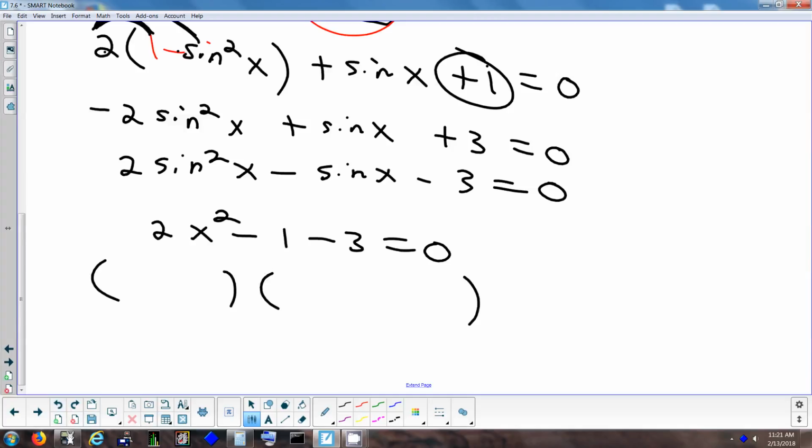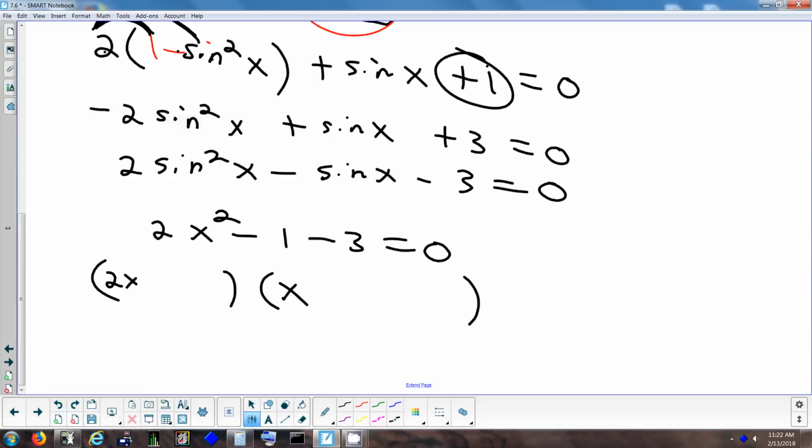One would be 2x, and the other one? Just a regular x. Now, if we were factoring it with sine, it would be a 2 sine and a sine. I'm going to do it with x's first. And then when we're done, we can just change x to sine. If you don't want to do this step, changing the sines to x's, you don't need to. I'm just trying to show you how all you're doing is factoring an algebra problem. Don't get confused by the word sine. Now, what about my symbols inside?